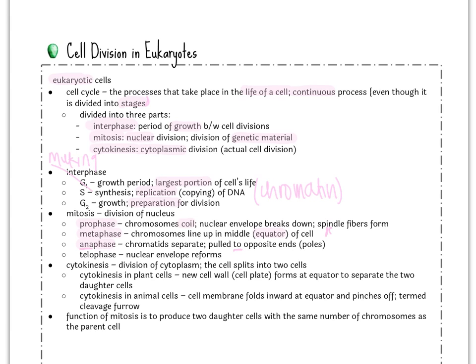That's your chromosome. It'll kind of look like an X, and then they're all lined up in the middle. And then those will separate, giving you one little part, half of it, and the other little half of it. In anaphase, the chromatids separate and go to opposite ends or poles.